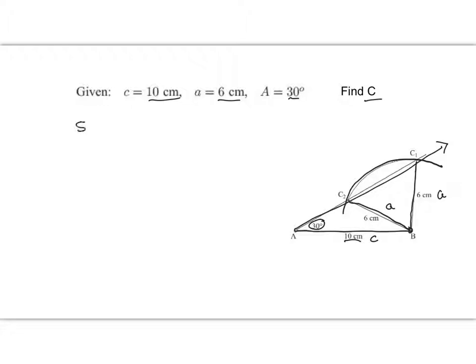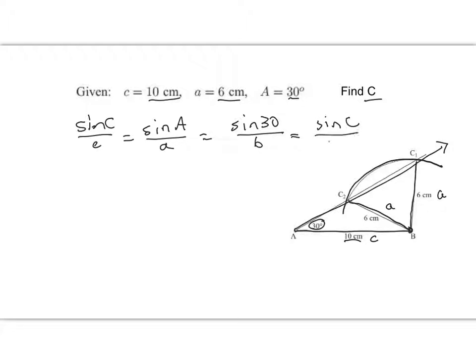Alright, so I'm going to use sine of C over side C is equal to sine of A over side A, because side A and angle A are the only full ratio I have. So the sine of 30, filling in the values I know, over 6 is equal to the sine of C over 10.